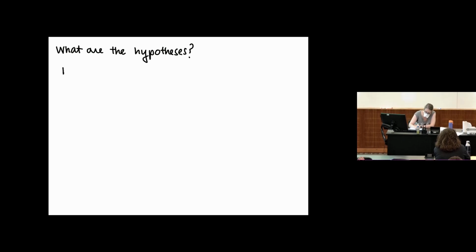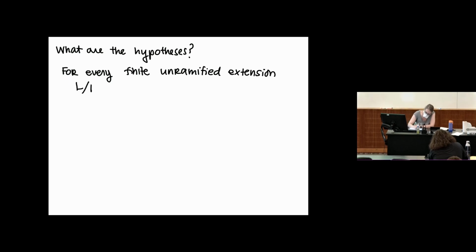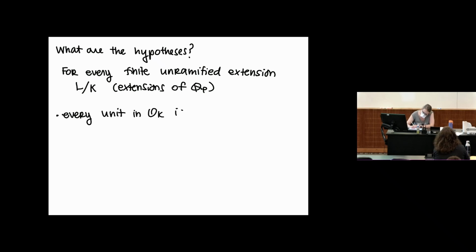It's that for every finite unramified extension L of K, extensions of Qp, every unit in OK is the norm of a unit in OL, right?